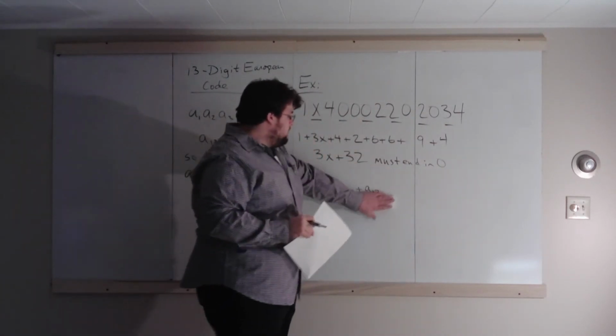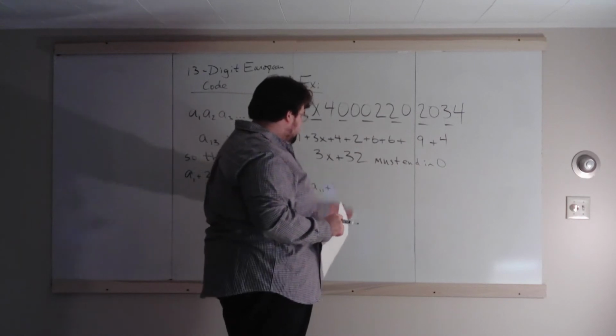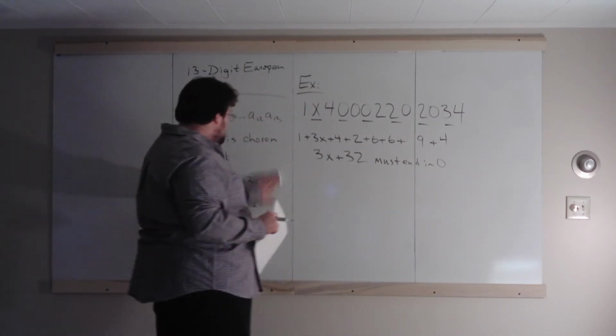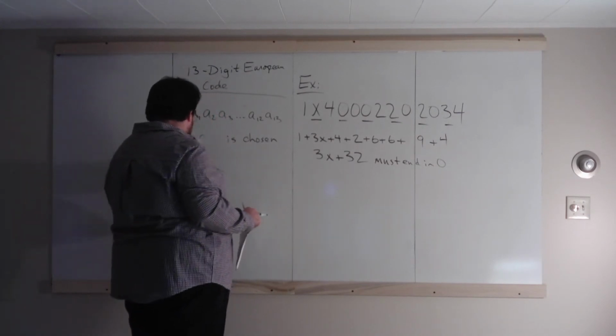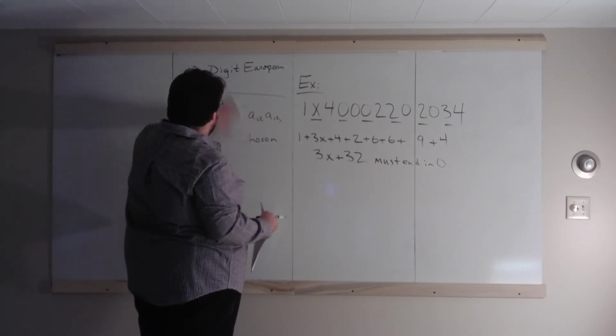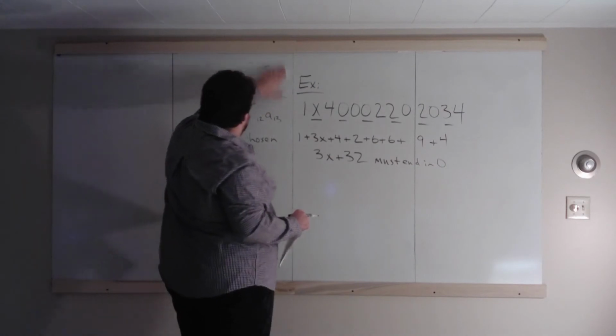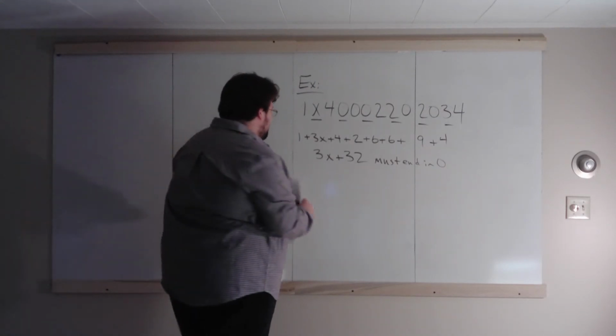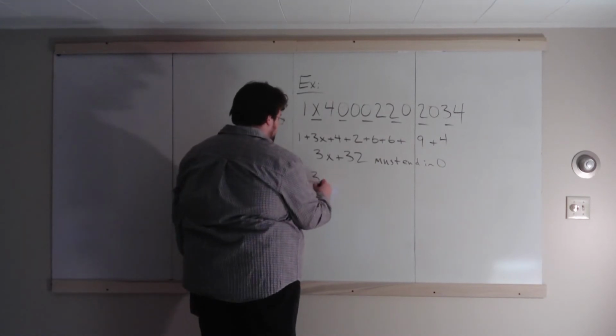Well, it's not immediate that there's only one solution to that, but let's figure out how many 3x plus 32's can end in a 0. A couple ways we could do it. I'm going to do it like this.